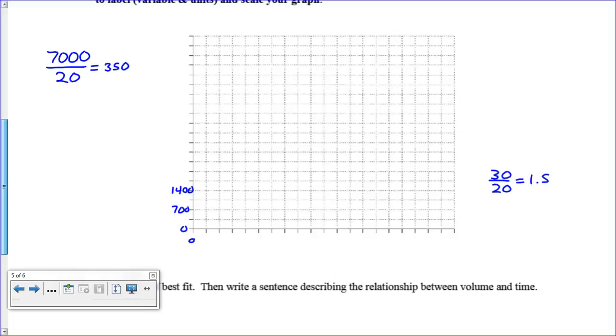For the x-axis, each box is 1.5. So we've got 1.5 for the first box, then 3, then 4.5, then 6, and so on that way. I'll go ahead and label all of those and plot the points and put the line of best fit on there, and then we'll go from there.